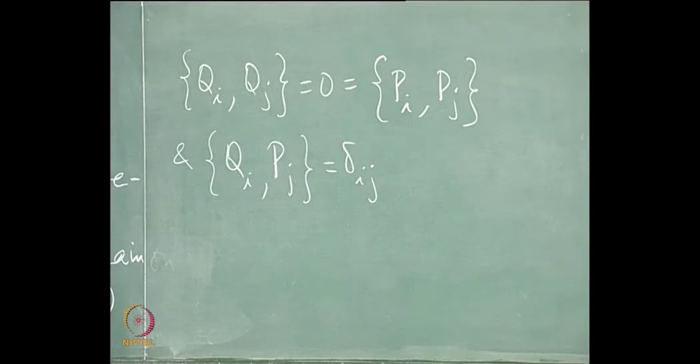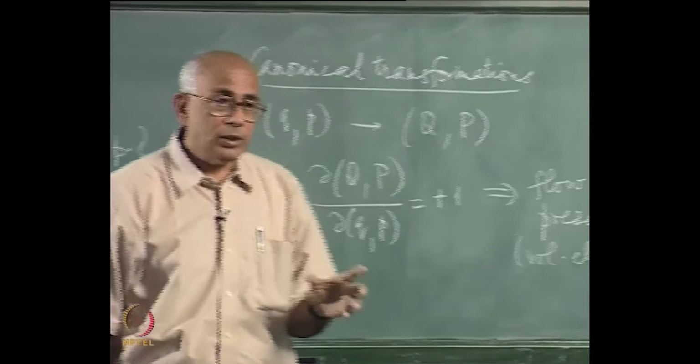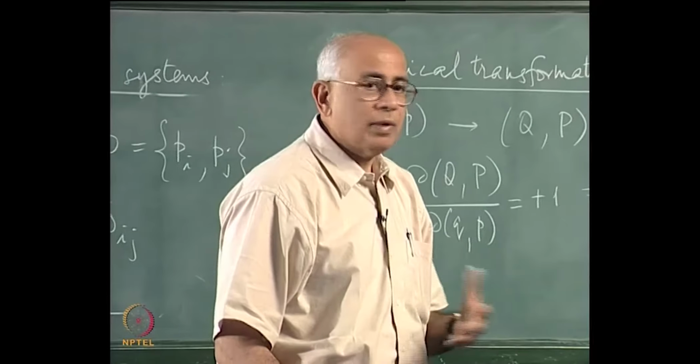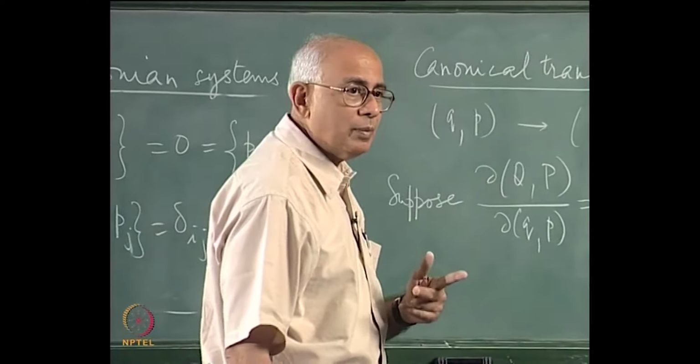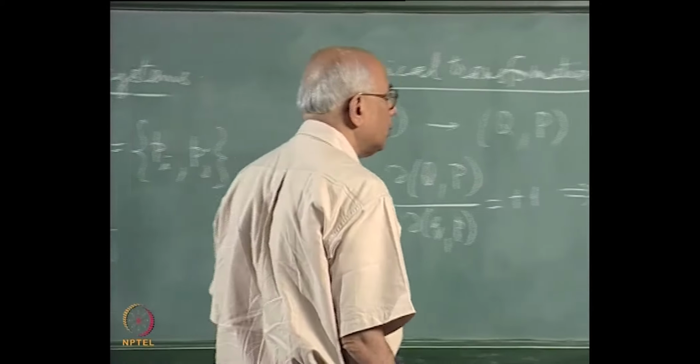In other words, not only is the change of variables such that volume elements are unchanged, but the Poisson bracket structure is also unchanged. Suppose this is so, we are able to find such a change of variables. Notice that since this is +1 rather than -1, not only are volume elements unchanged, but orientations are preserved as well. So elementary parallelograms, if you define orientations for them, would also be unchanged under this change of variables.